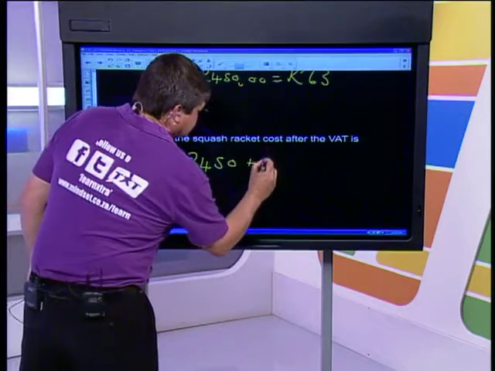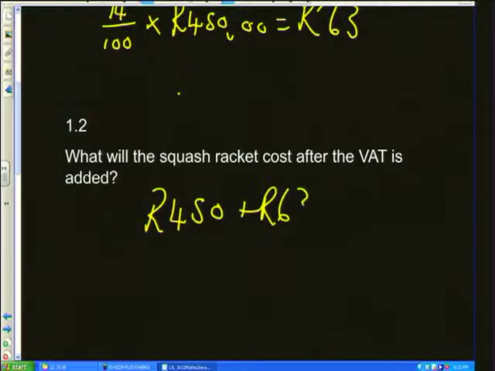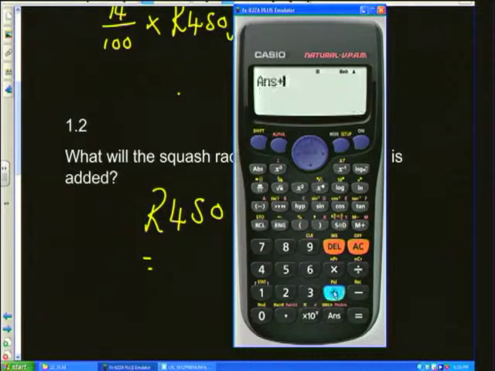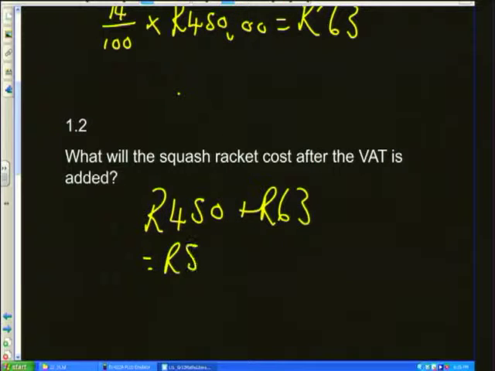I'm going to add the 63 Rand to that. 63 plus 450 Rand gives me a total of 513 Rand. So when I get to the till, the woman behind the till is going to say, you owe me 513 Rand. I'm going to die of a heart attack paying that, but that's the amount I'm going to have to pay.